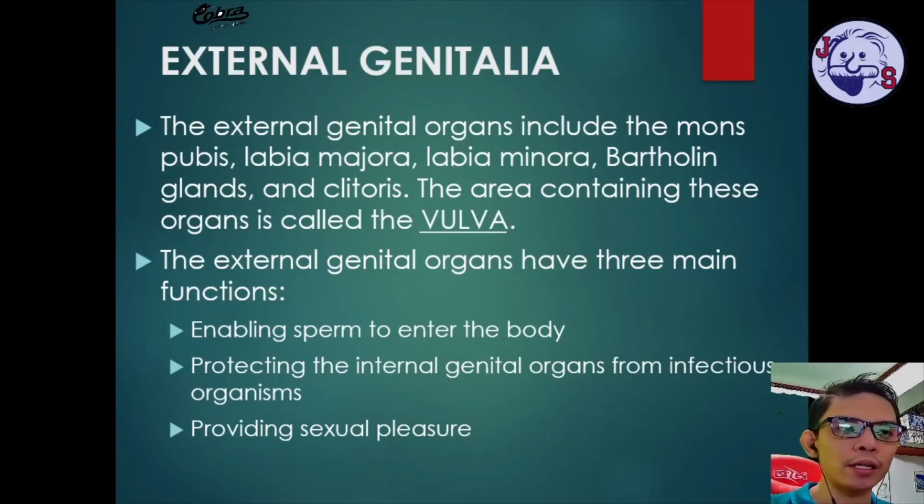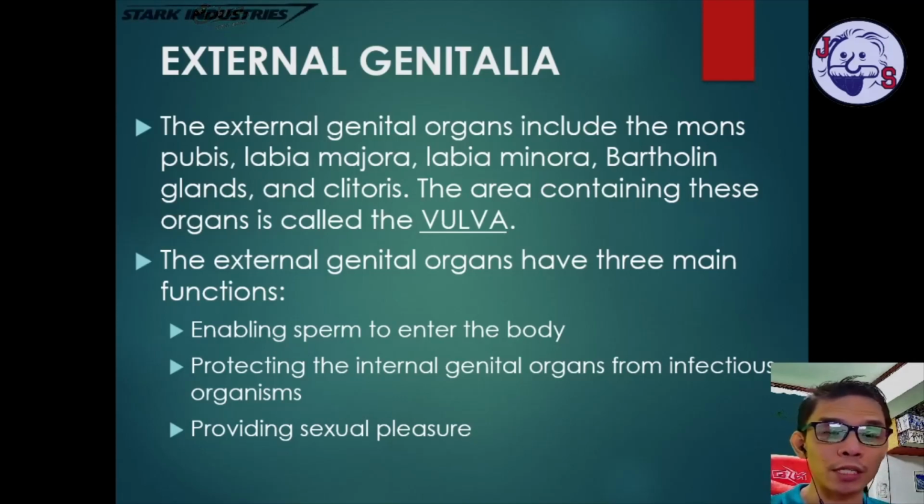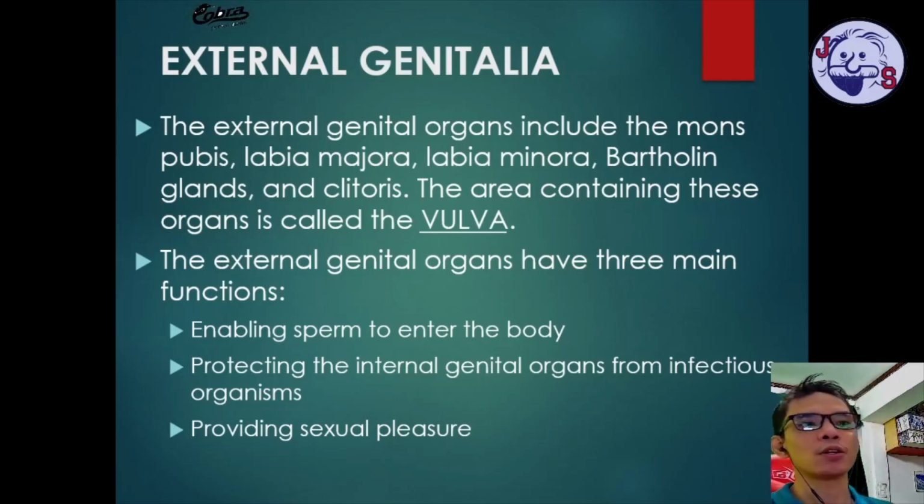And the third one is it provides sexual pleasure. Just like I said earlier, the clitoris is the one used for sexual pleasure in females, the counterpart of the penis in the female reproductive system. So these are the external genitalia and their overall function.